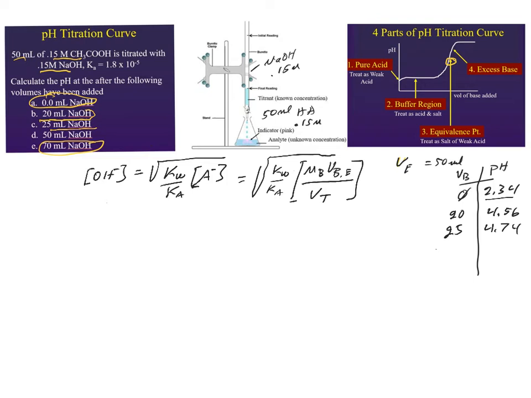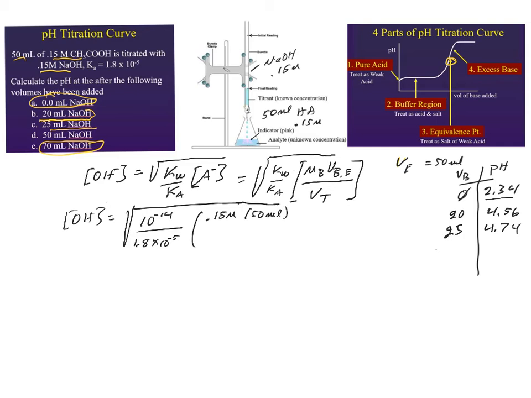And so the hydroxide concentration is going to be equal to the square root of Kw, which is 10 to the minus 14, over 1.8 times 10 to the minus 5. And the base had a concentration of 0.15 moles per liter, and we added 50 mils of it to reach the equivalence point.